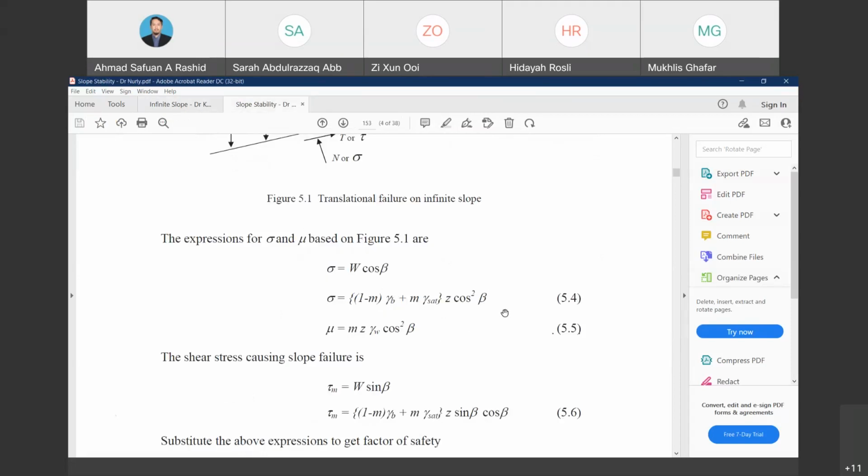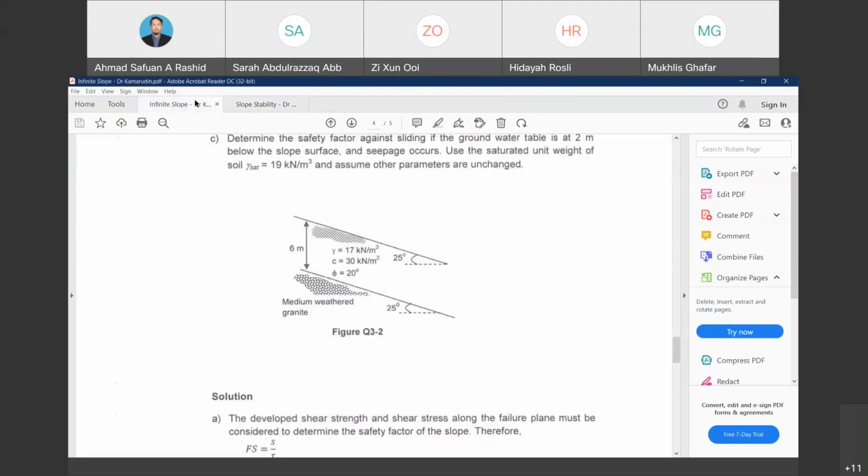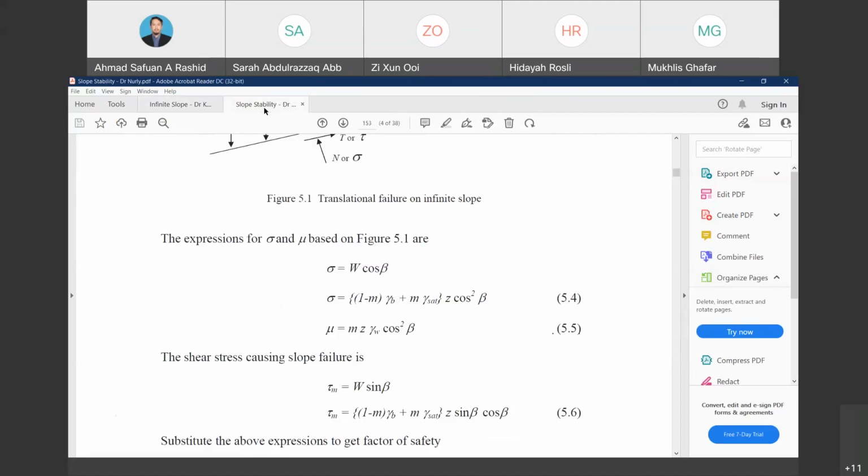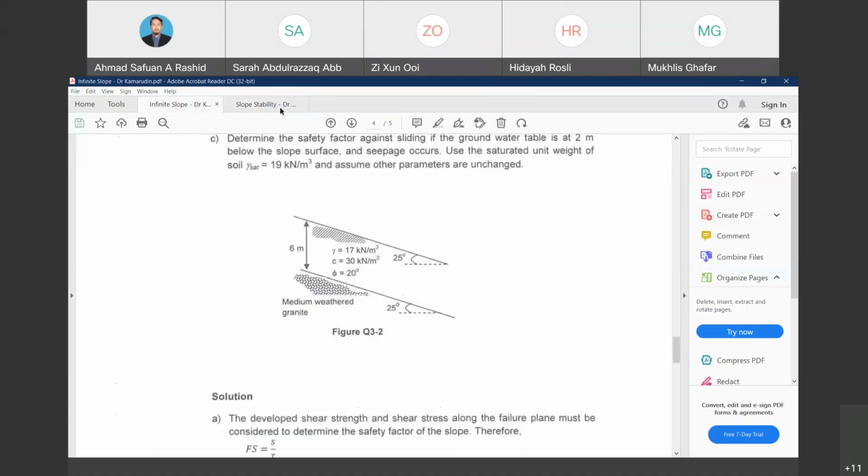Let me calculate for the sigma first. 1 minus 0.67 times gamma bar 17, plus 0.67 times 19, so we get 18.34, times Z equal to 6 times cos square 25.